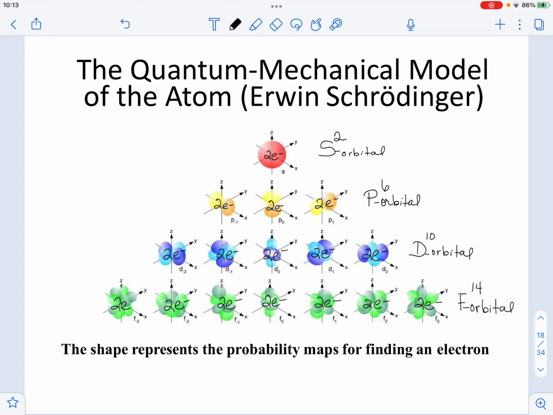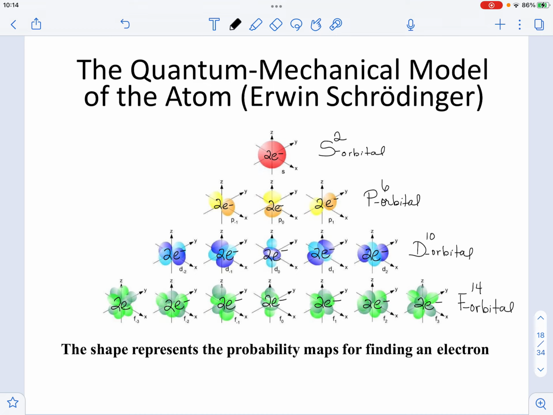We call them orbitals. As you can see here, they are designated by a letter. When it comes to an atom, these orbitals are going to live in the different periods of the periodic table, and again, that is what we know as the energy levels.